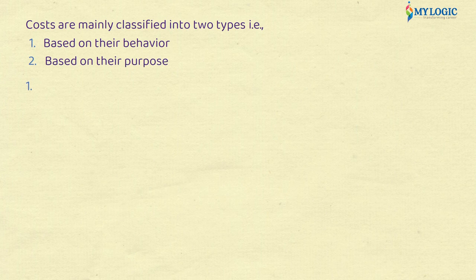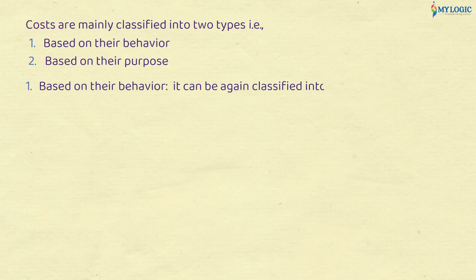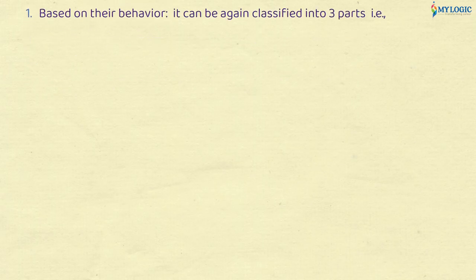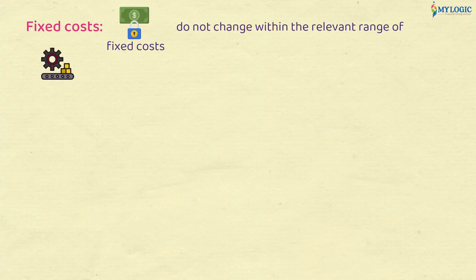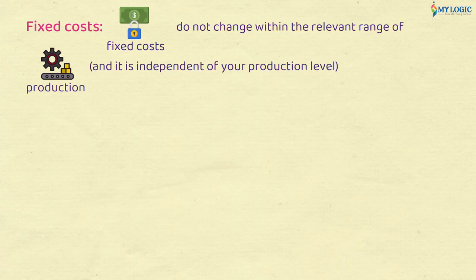Number 1, based on their behavior. It can be again classified into three parts, that is, fixed costs. Fixed costs do not change within the relevant range of production, and it is independent of your production level.